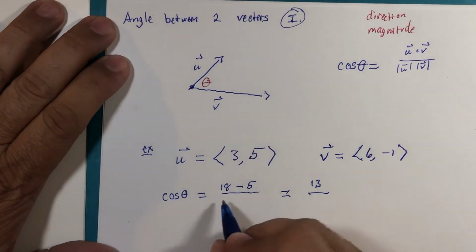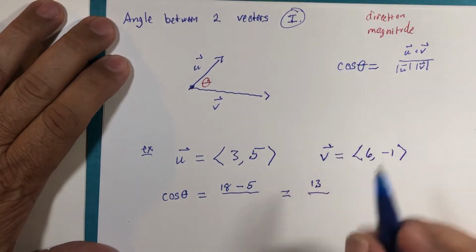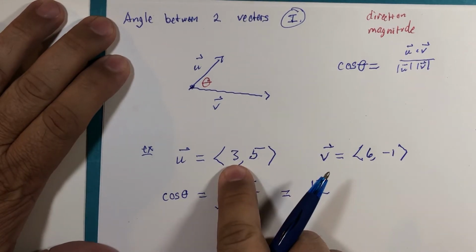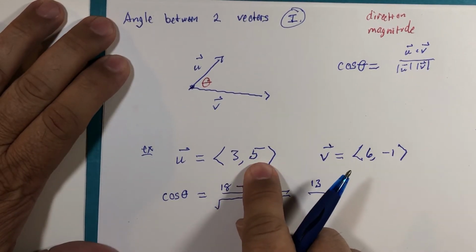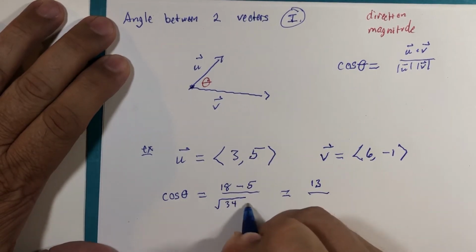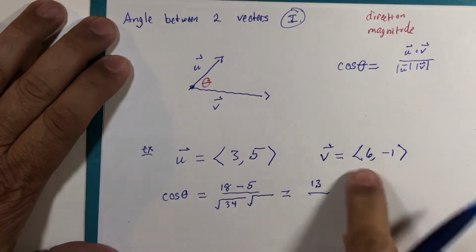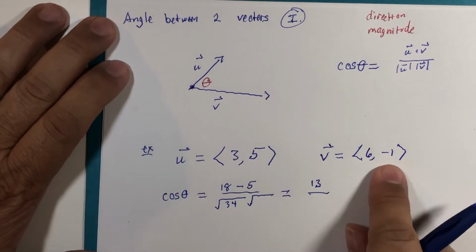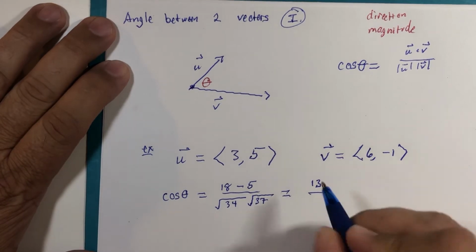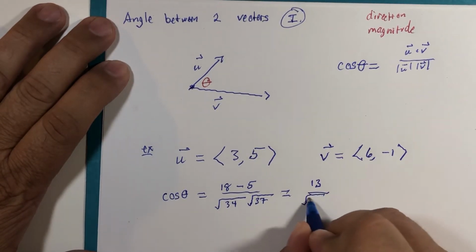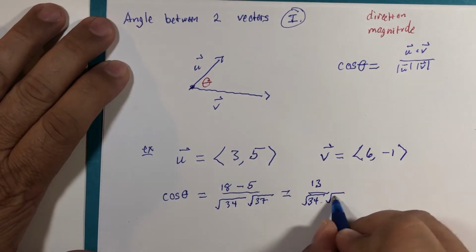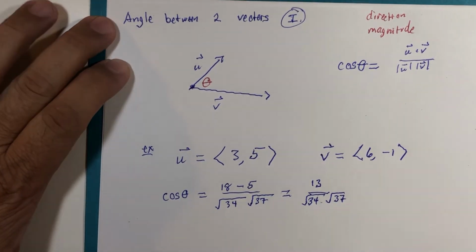Divided by their product of their magnitudes. 3 squared is 9. 5 squared is 25. That's the square root of 34. 6 squared is 36. -1 squared is 1. That's the square root of 37. Now, in my course, in my syllabus, I discussed that we generally won't use technology on our exams.